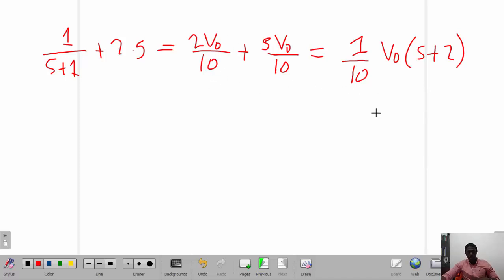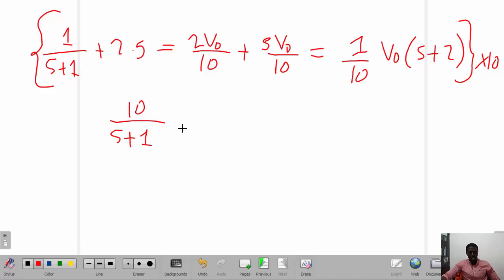And then if we multiply everything by 10, we cancel out the 10 on the other side. So what we remain with on this side is 10 over s plus 1, and this adds to 25, since the 2.5 becomes 25.